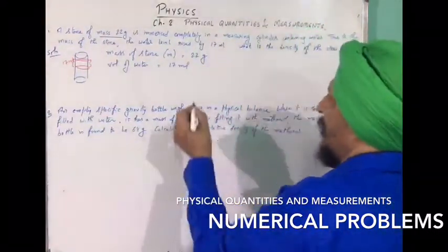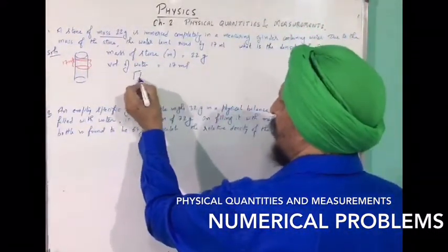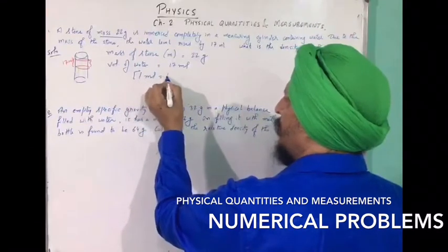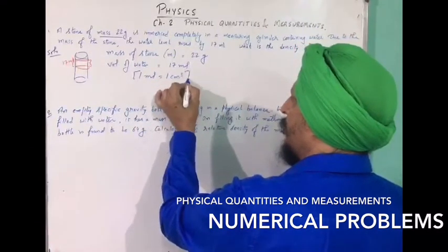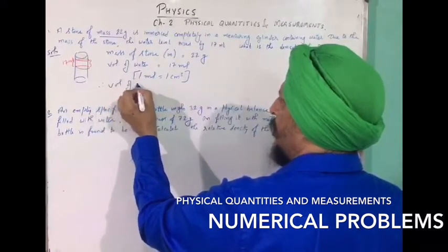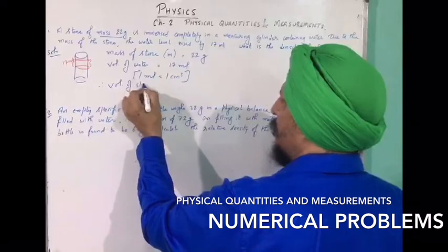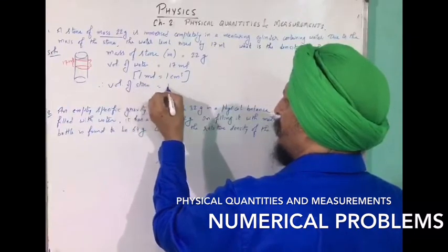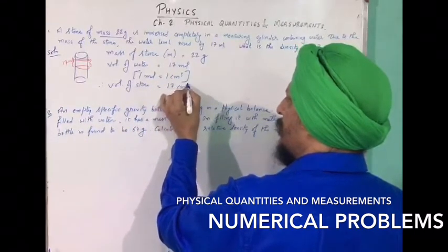Also 1 ml equals 1 centimeter cube. So the volume of stone is 17 centimeter cube.